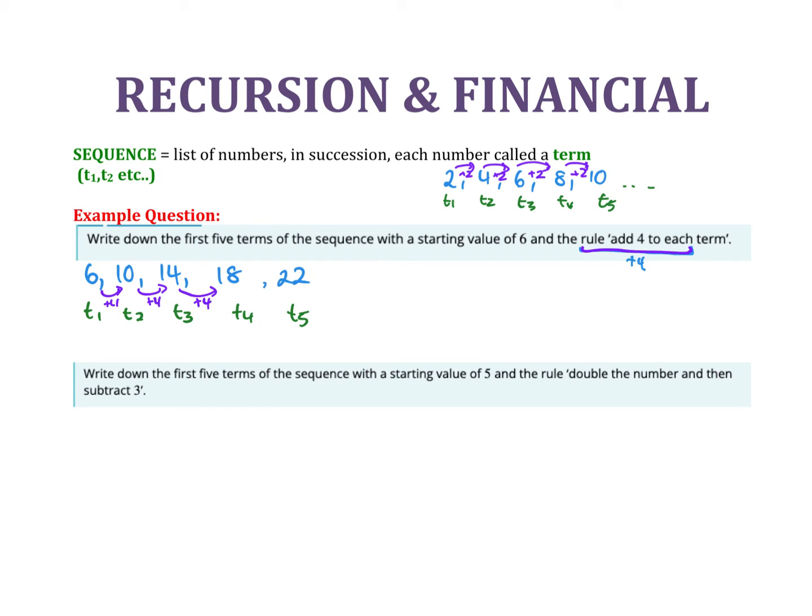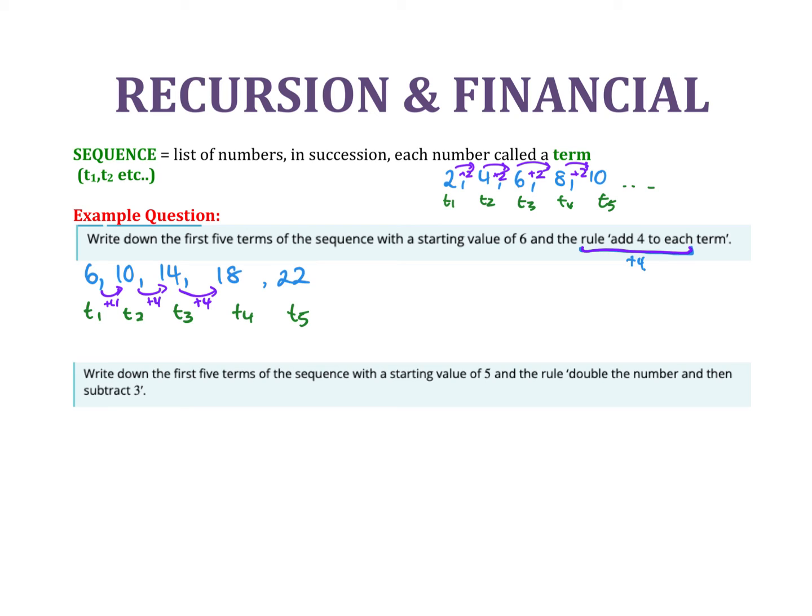So we can see that this rule was adding 4 to the previous term. You'll often hear them say that the previous term, the one before, is used, and then we add 4 to get the next one. Okay, so it's pretty easy. This is just how we create patterns. In the long term, by the end of this chapter, when we calculate simple interest on a bank account, we're creating a sequence as well.